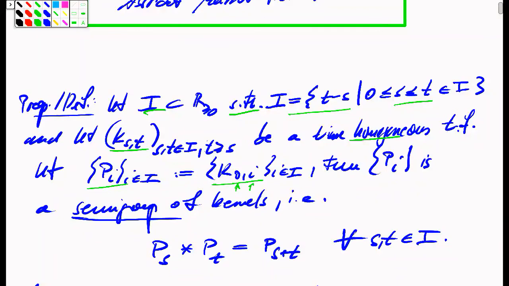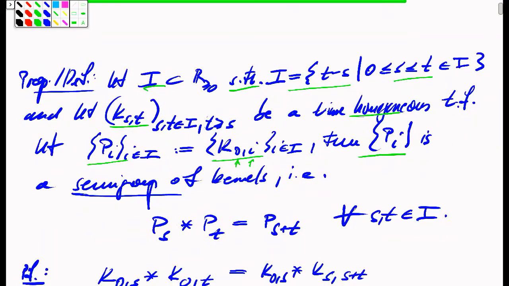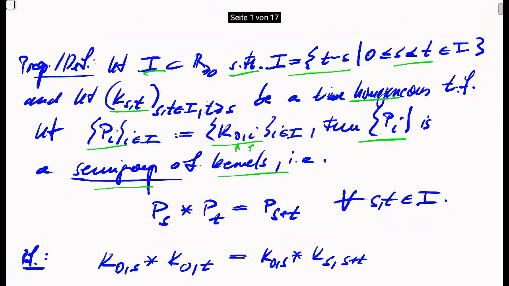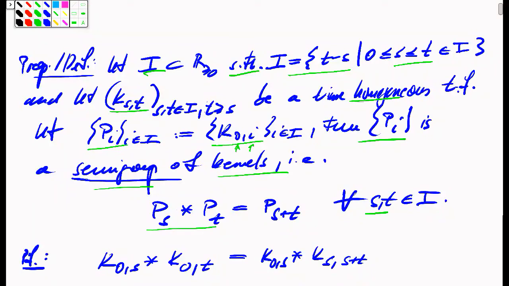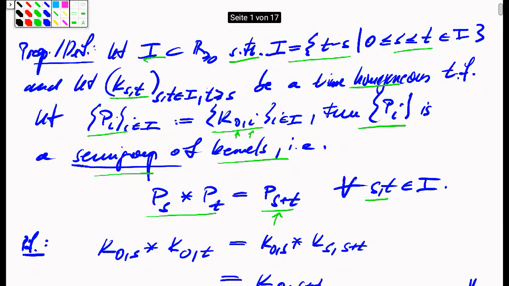This collection of kernels pi, which is just a subset of the initial family of kernels, is what we call a semigroup of kernels. Namely, it satisfies the following convolution property: the convolution of two kernels for two different time points, s and t, is just as good as the kernel from the same family associated to the sum of the two time points entering in the convolution before.